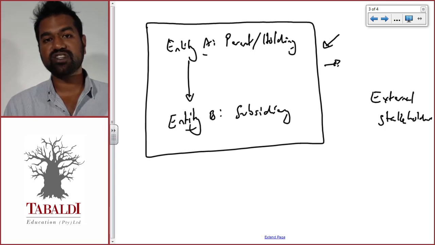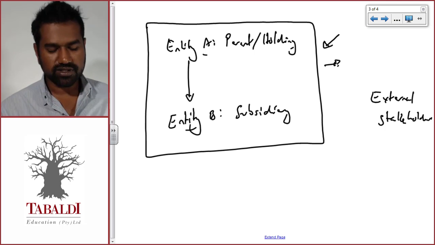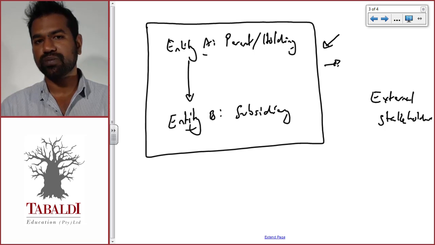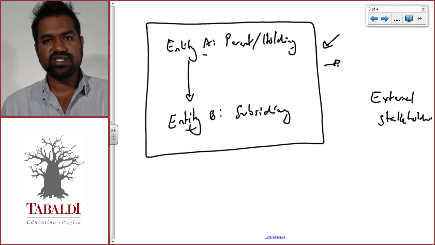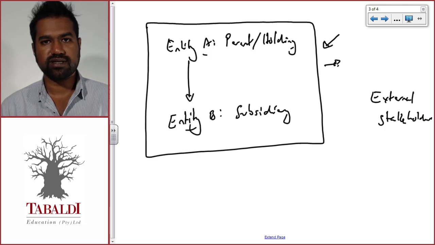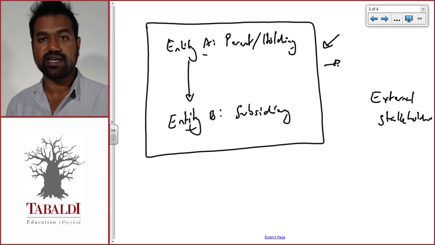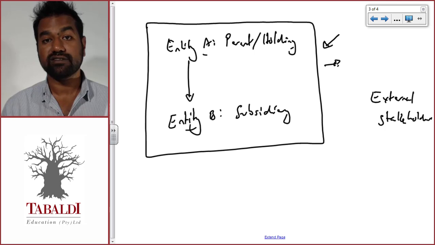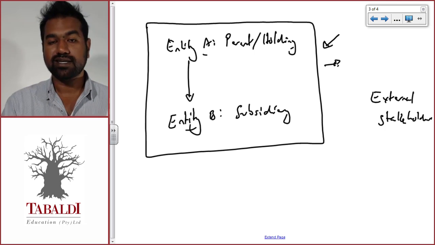Because if you have a loan receivable and you add the two books together to give you one household income, the group consolidated figures, in essence you are telling the external stakeholders, my loan receivable is 1,000 rand and your loan payable is 1,000 rand. It's inflated because it's a transaction with yourself, because you look at it as a group entity and not as individuals.